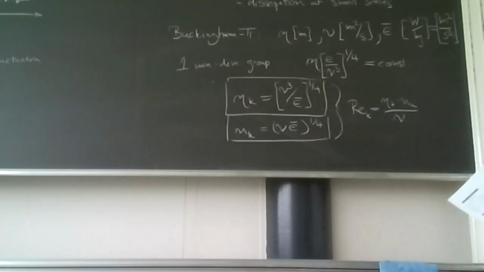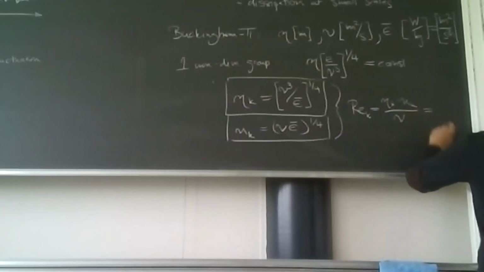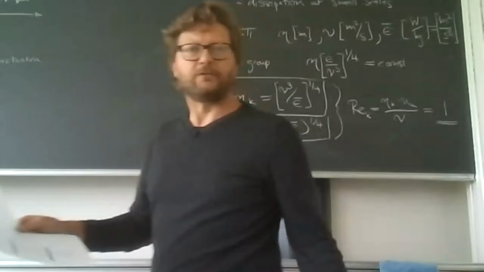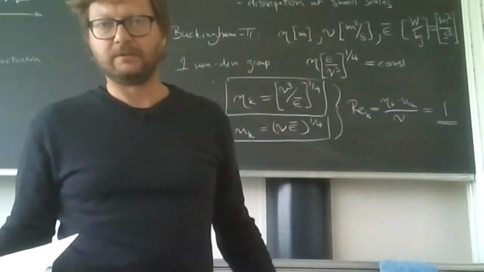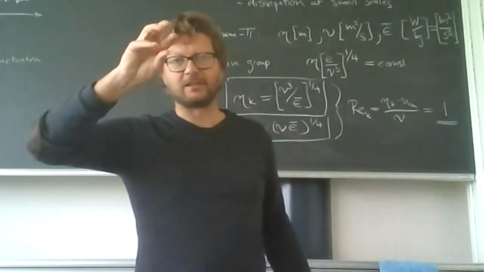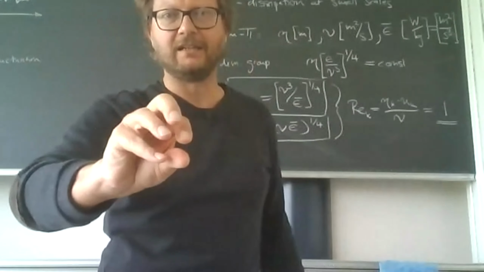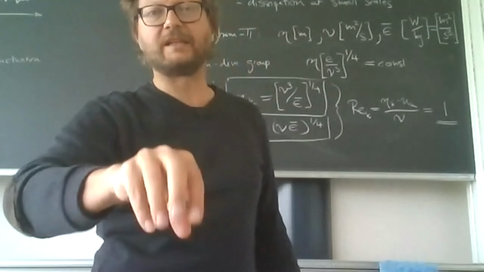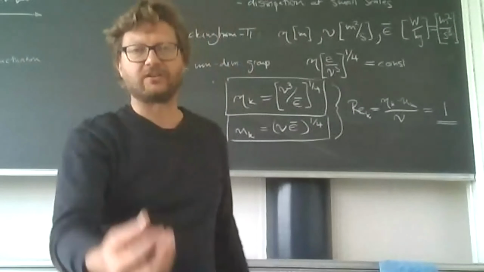If you do all that, you will find that the Kolmogorov Reynolds number is just 1, which tells us that the Reynolds number at the smallest scale is 1.